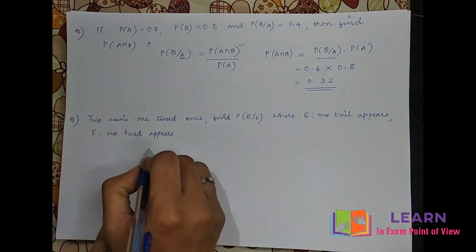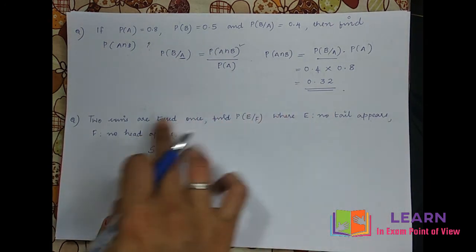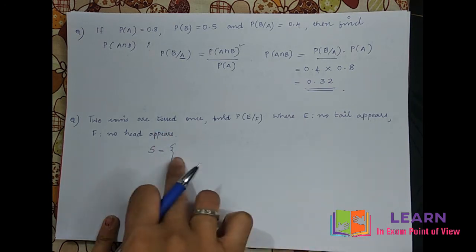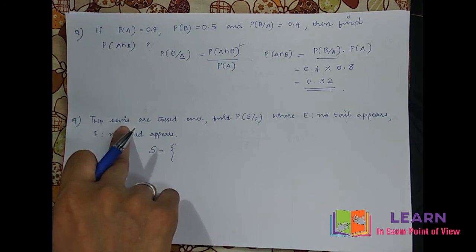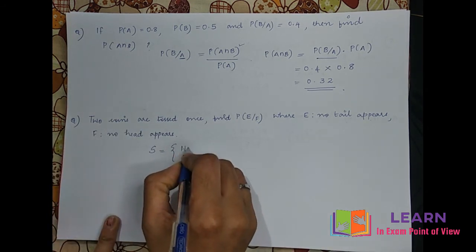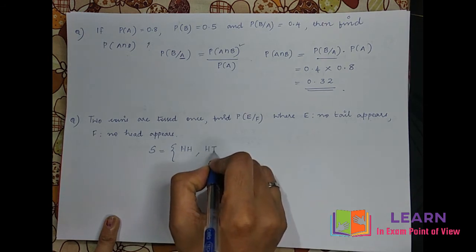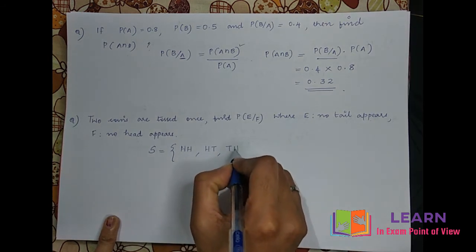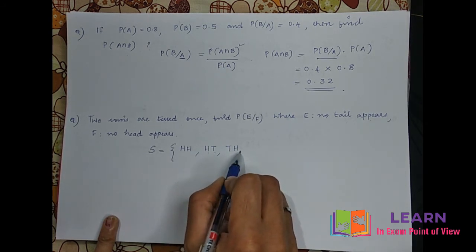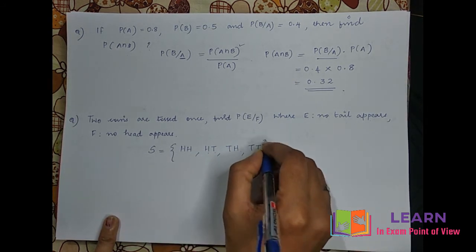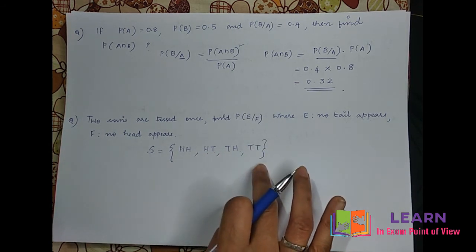Here two coins are tossed, so the possibilities are two heads, first head then tail, first tail then head, or two tails. So four possibilities are there. This is the sample space of this event.